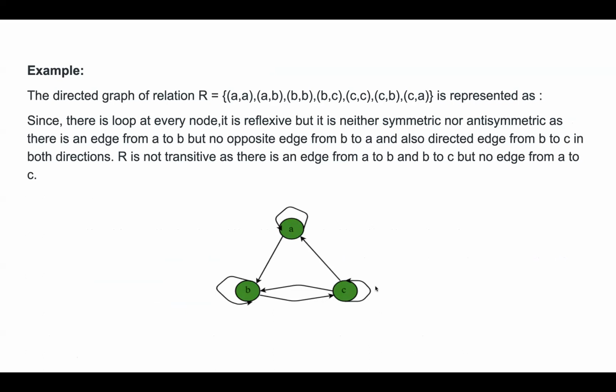Then we can take out like here A is related with A itself, B is also related with itself, and C is also related with itself. So these arrows are given here. So if for all the elements it will be there, then that relation will be known as reflexive relation. Okay.